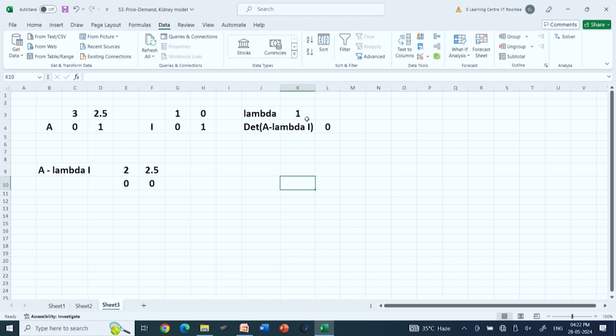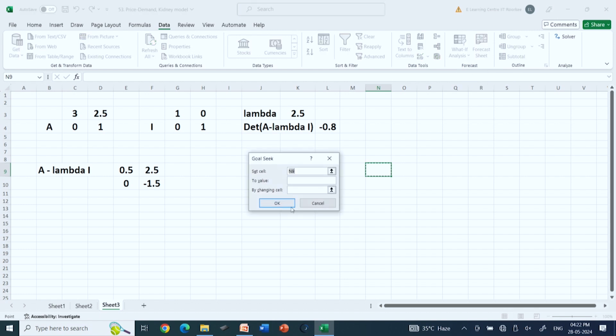So here, if I now put the value to be, say, 2.5, because I know that the value is 3, again I will go to What-If Analysis, Goal Seek, choose this determinant, this value has to be 0 by changing the cell lambda, and let me see.